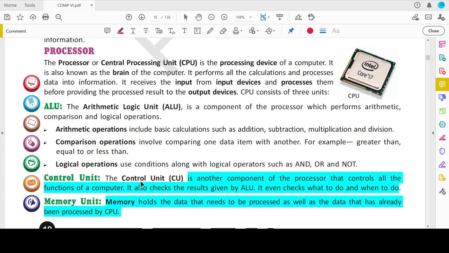The control unit is another component of the processor that controls all the functions of a computer. It also checks the results given by the arithmetic logic unit and checks what to do and when to do. So it controls all the functions of a computer.